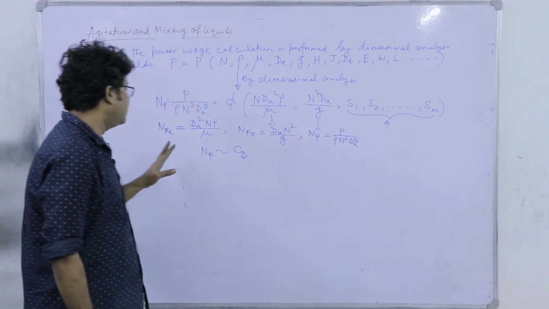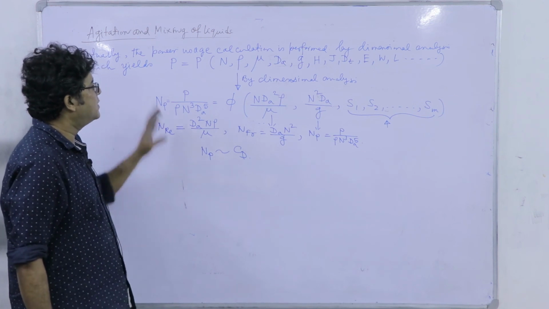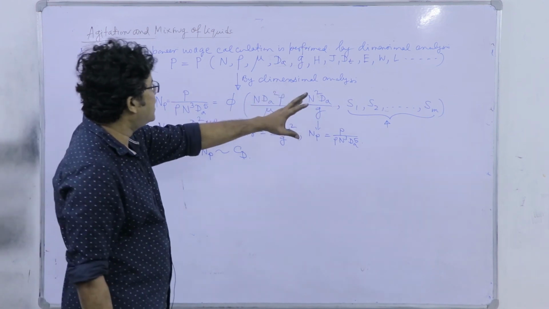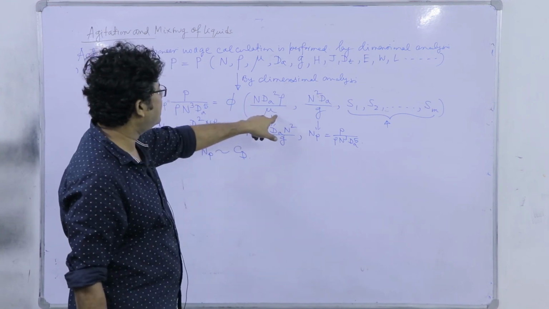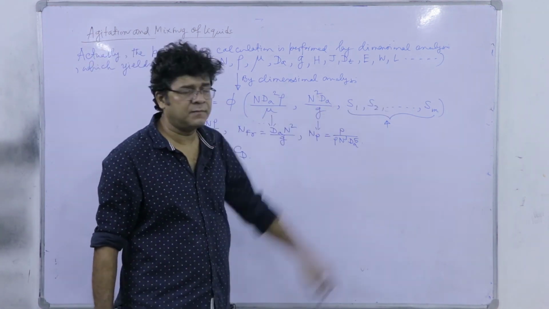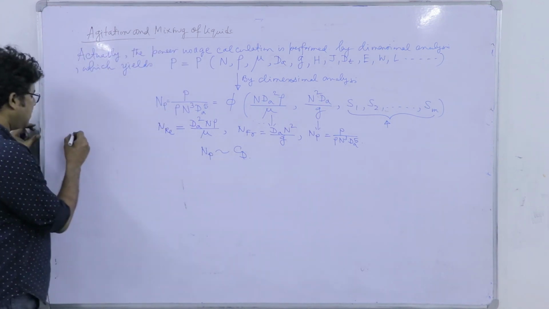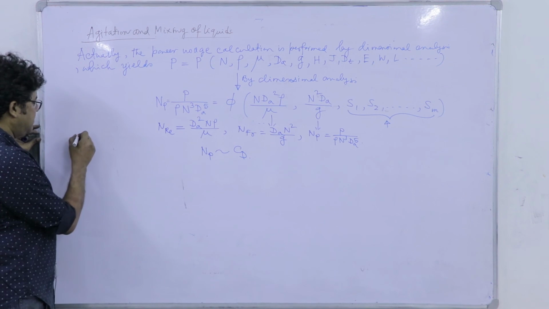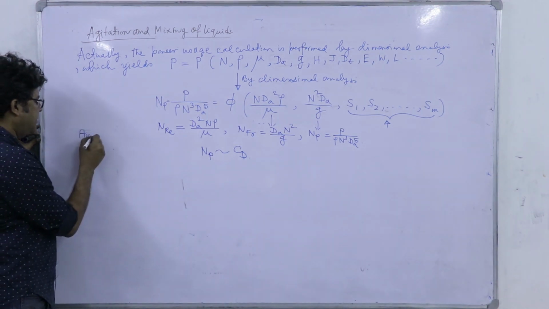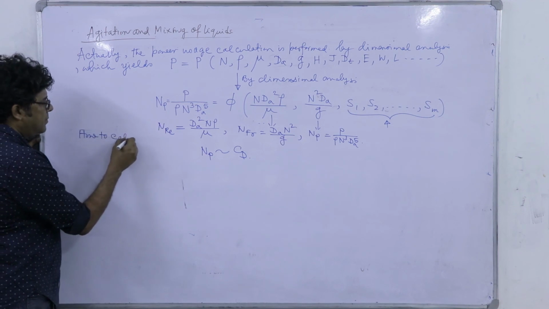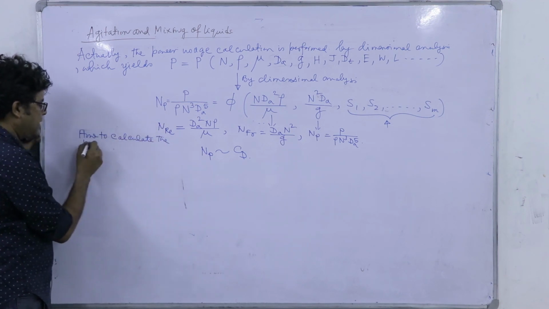Now, the question is how will you measure finally? This is a dimensional analysis. You have the relation that power number is a function of Reynolds number, Froude number and the shape factors. But what is the relation, or how to calculate the power required?